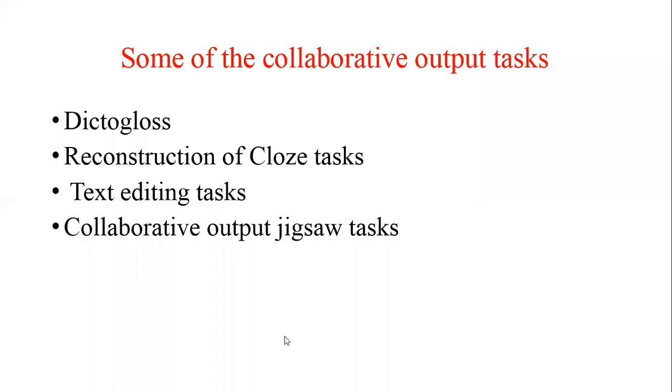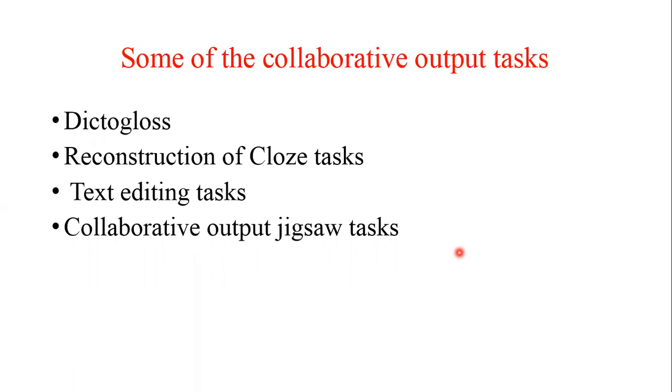In this text editing task, first, the lecturer has the original text, and the lecturer reads it quickly, and students listen attentively to the original text. After that, the lecturer has a revised text which contains some errors, for example in language use, like grammar or vocabulary, and gives this to the group of students.